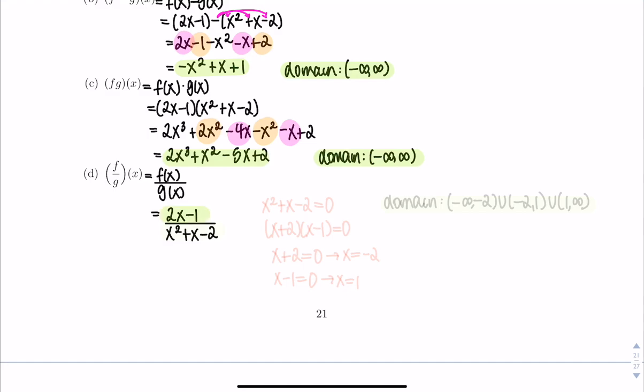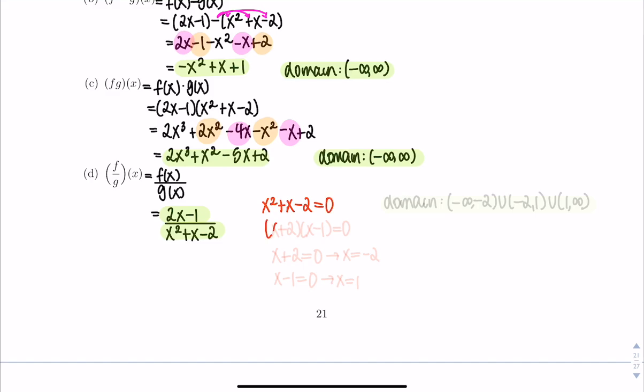Now the domain on this one will not be all real numbers because we have division involved and we can't divide by 0. So we need to set the denominator equal to 0 to see what can't be in the domain. So we have x squared plus x minus 2 equals 0.